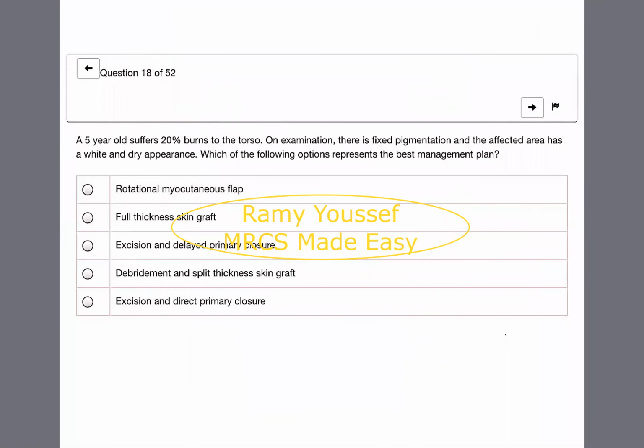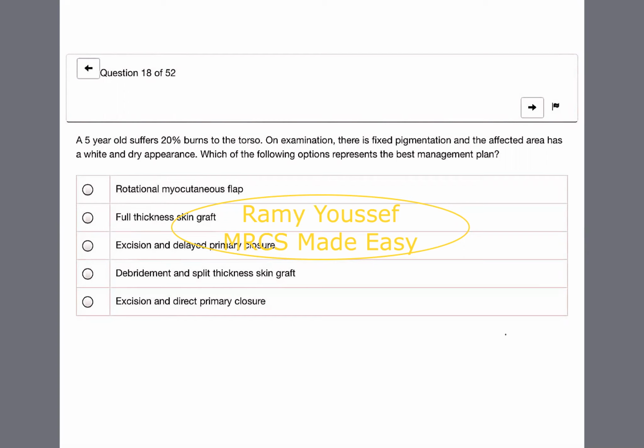The next one is also about flaps and grafts. By the way, about questions on flaps and grafts, you have about 10 to 15 questions. It will be easy to remember. You will find some here and the others will be added from recalls.